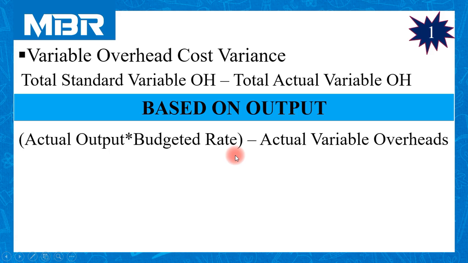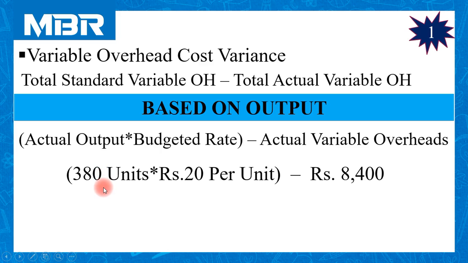Let us insert the formula. Actual output multiplied by budget rate minus actual variable overheads. Here it is a matter of actual output. So let us insert actual output 380 units multiplied by rupees 20 per unit.